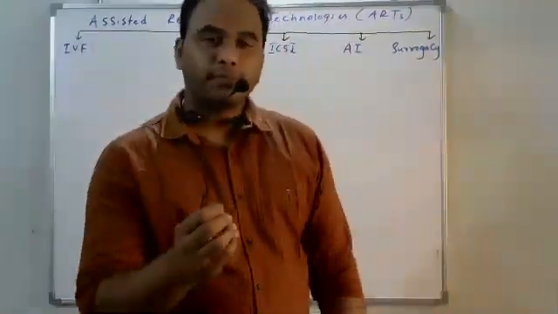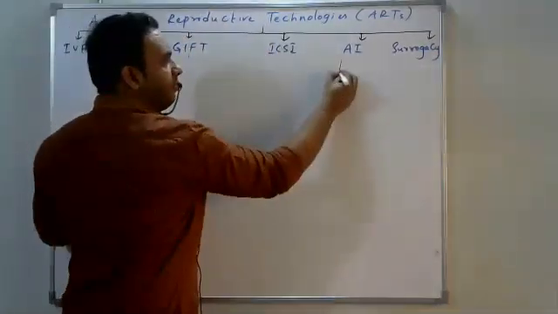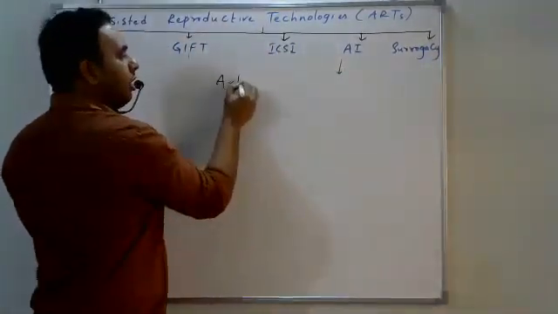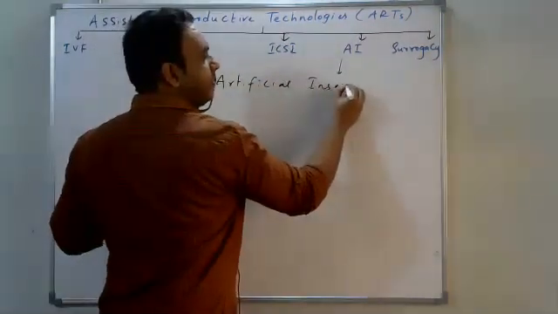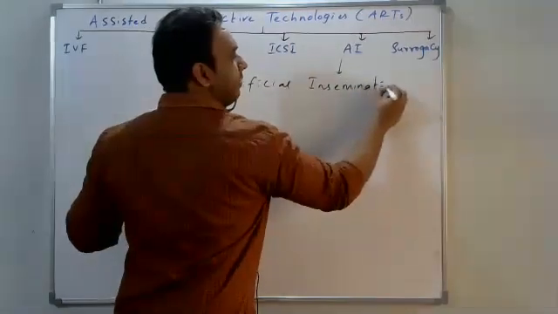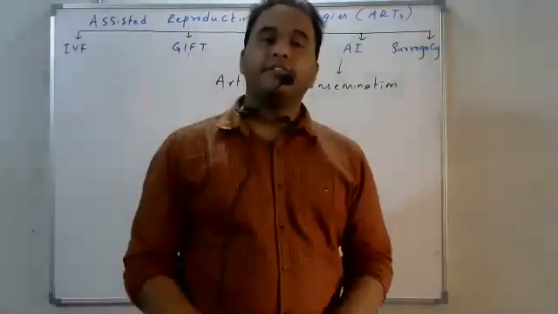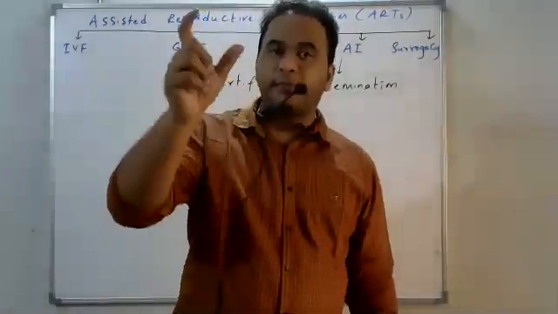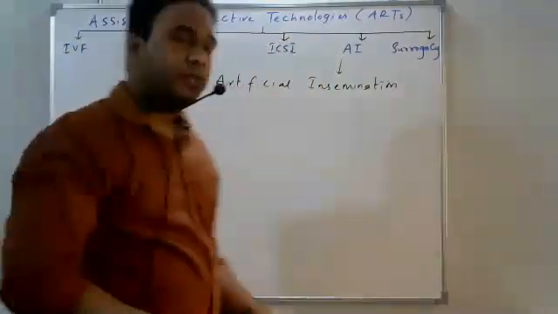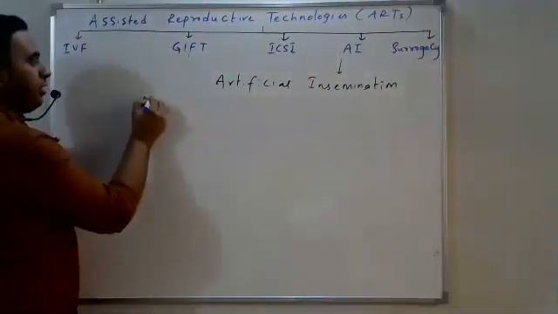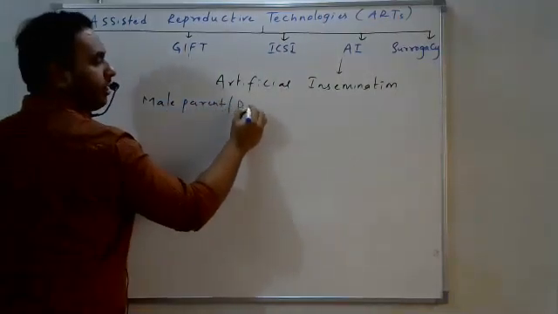But here in this procedure, which is called artificial insemination, A for artificial, I for insemination, the semen is collected from the male parent or husband or a donor. Two options we have, either the male parent or any donor.